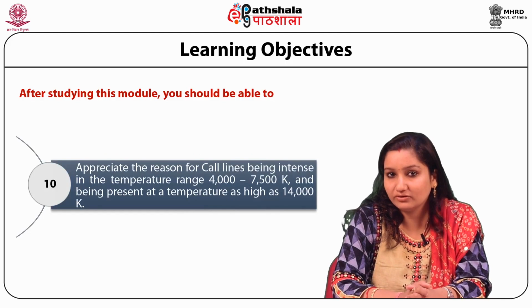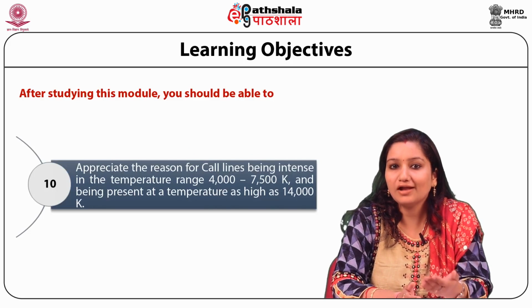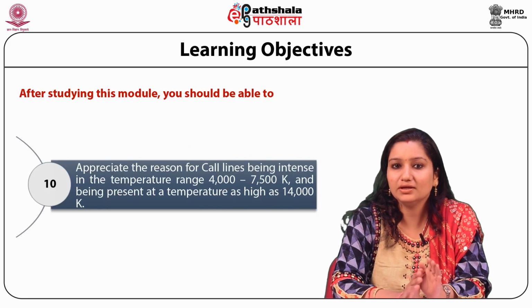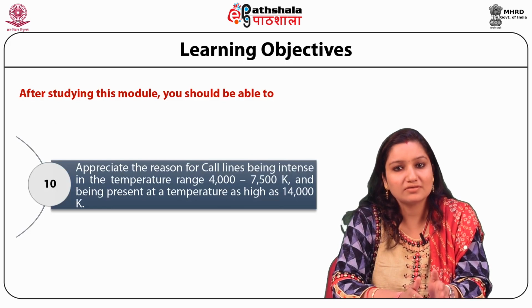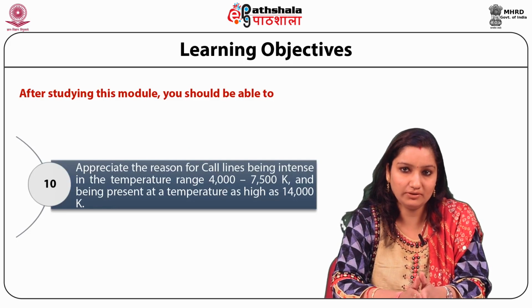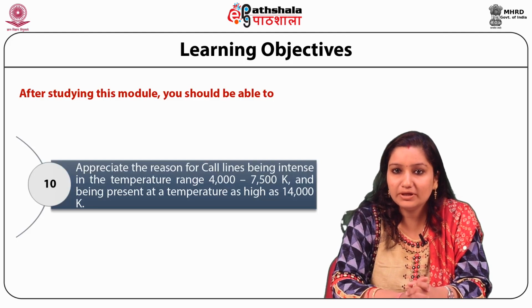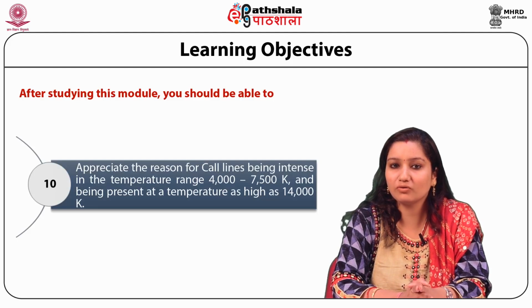We will appreciate the reason for calcium-2 lines being intense in the temperature range 4000 to 7500 Kelvin and being present at temperatures as high as 14,000 Kelvin.